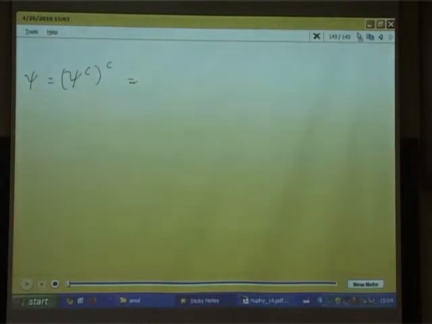Psi conjugate. So what should I use? I should perhaps use this. Psi conjugate is minus gamma 0 C times psi star. This is my psi conjugate. Now I want to take its conjugate.